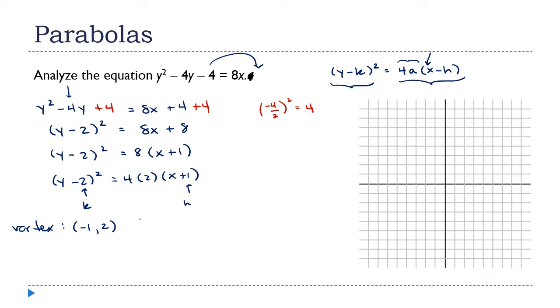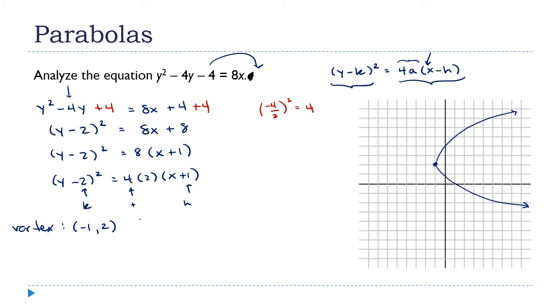Okay, now, so where is that? Well, let me graph that. Over -1 up 2. There's the vertex. Okay, what kind of parabola is this? Well, look, this is positive, and the y is being squared. So this is an opens to the right parabola. Okay, so let me sketch that. I'm going to start at my vertex, and I'm going to open to the right. Okay, this tells me where all the other pieces are.